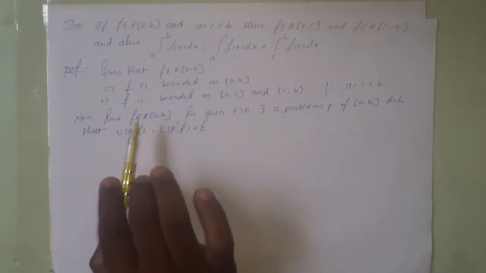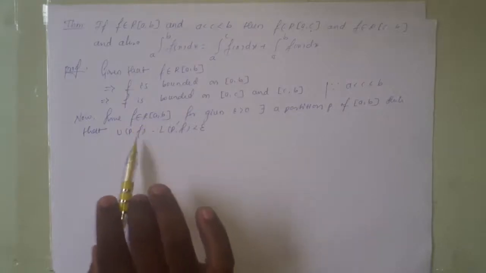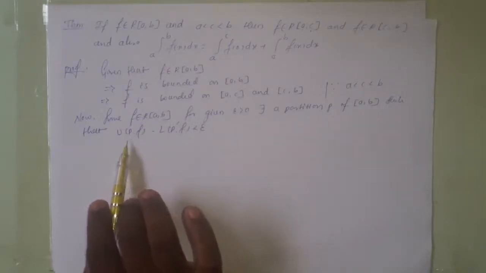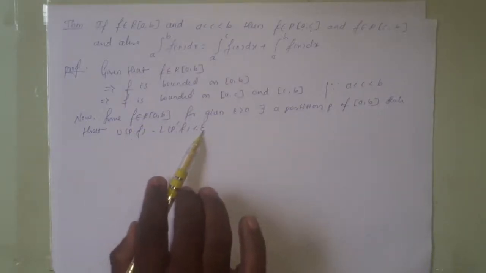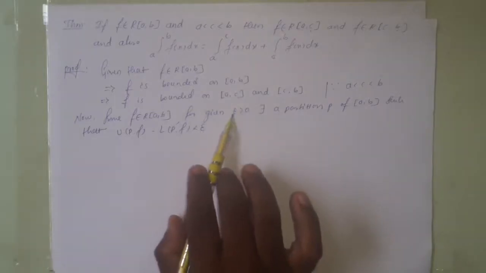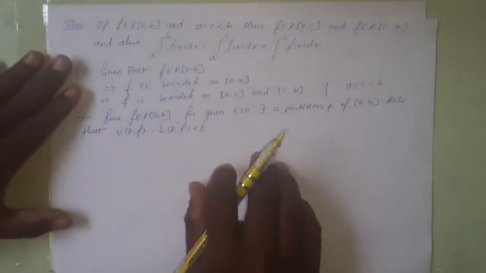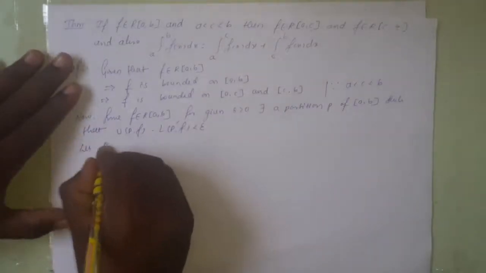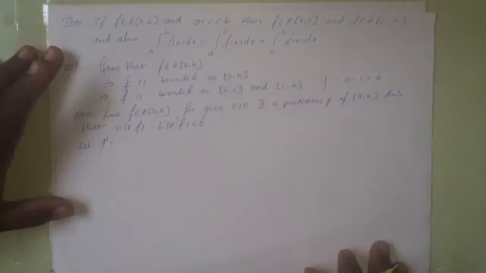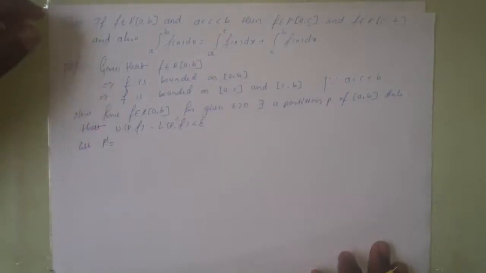Therefore, since f is Riemann integrable, we write the condition that U(P, f) minus L(P, f) is less than epsilon, where epsilon is an arbitrary constant greater than 0. Now let us consider one more partition, that is P dash.